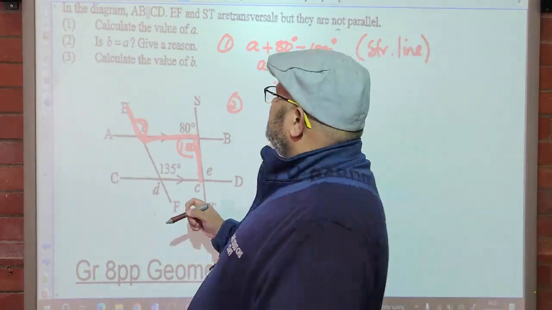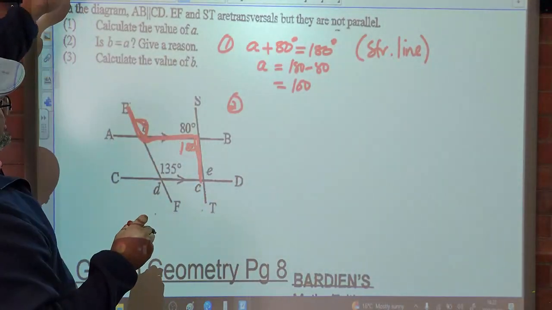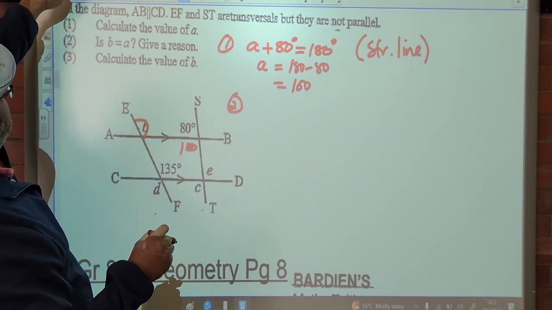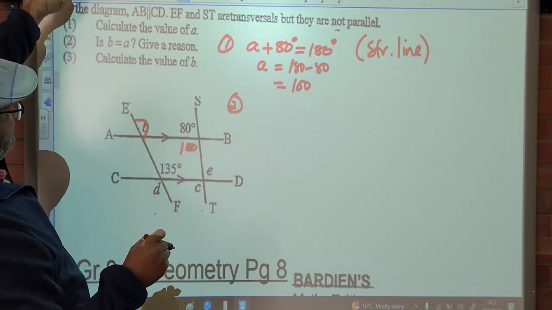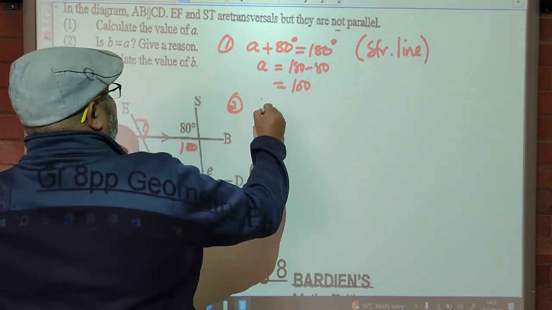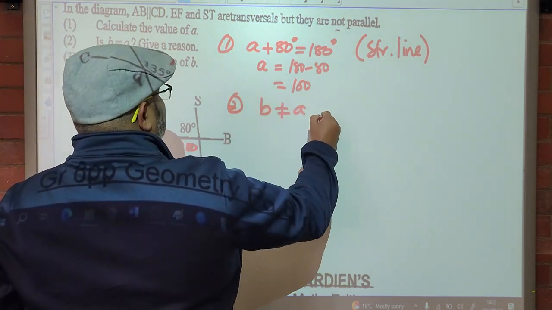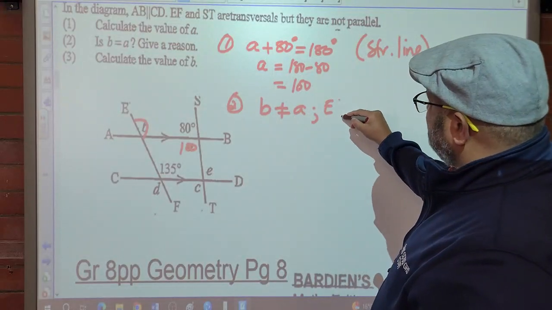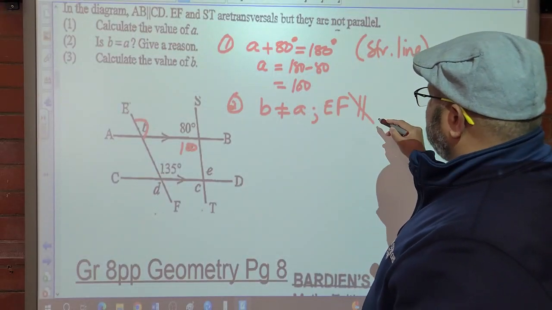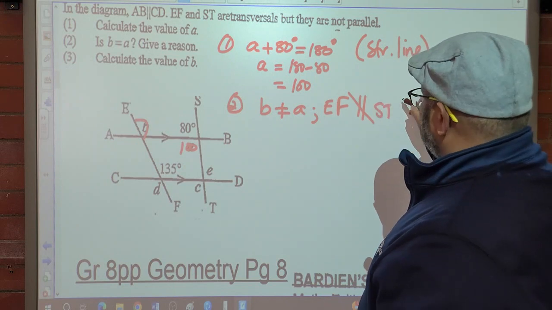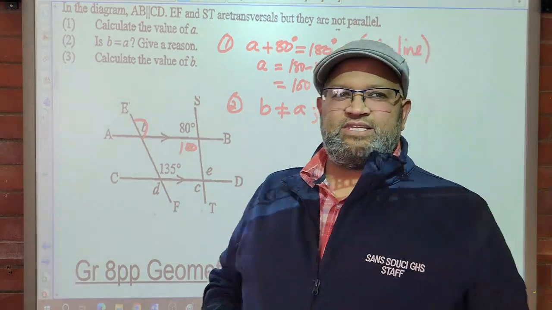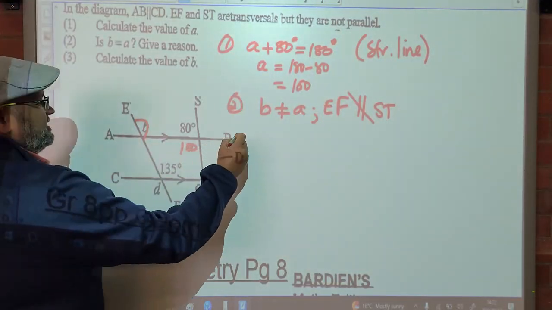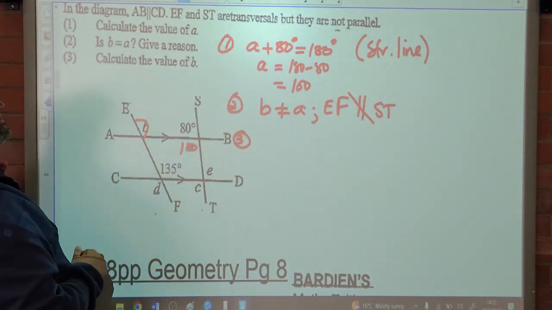No. So the answer is no. A is not equal to B, and the reason is that EF is not parallel to ST. That reason is sufficient. It's enough.